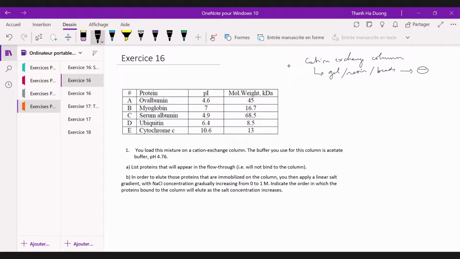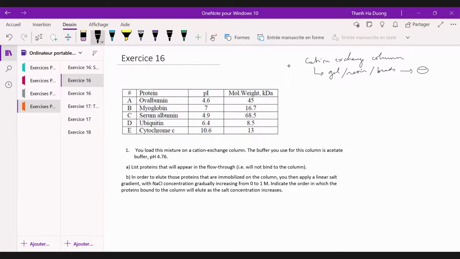So only positively charged proteins will bind to the gel, and the neutral and the negatively charged proteins will be eluted.